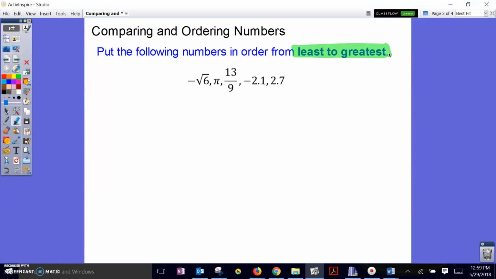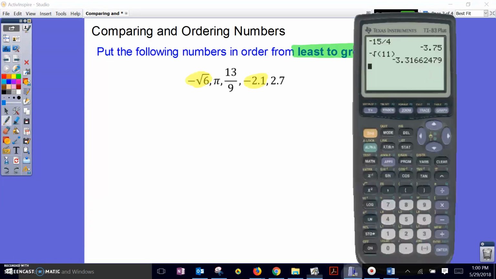All right, now, I look at these 5 numbers, and I'm making them from least to greatest. Now, since negative numbers are always less than positive numbers, I'm going to start my list with the negative numbers. So I focus on these 2 numbers here first, because I know those 2 are smaller than all the other numbers. And so I'm going to find the values of those.